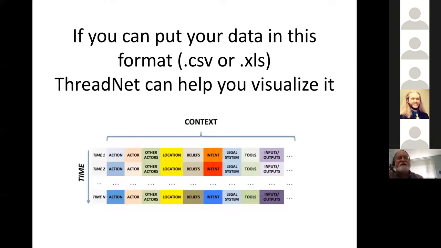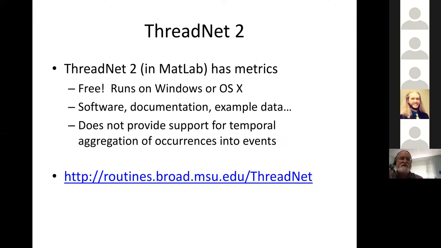Anyway, all I wanted to really say is if you can put your data in this kind of format, then you can use ThreadNet to help you visualize it. So ThreadNet 2, which is in MATLAB, runs on Windows or OS X. You got to download a kind of significant little installer that downloads the MATLAB core functions for you.